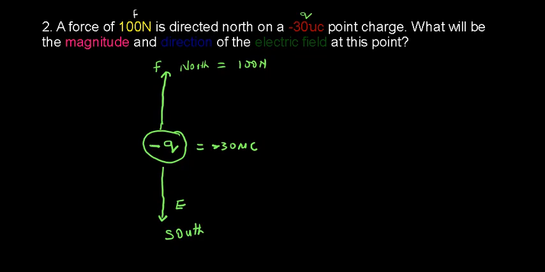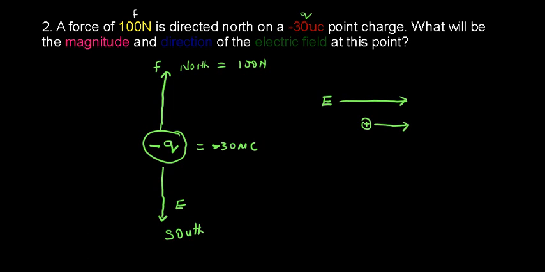So remember, when I said something about electric field and a point charge, I said before that let's assume that we have an electric field moving this way. Then when you bring a positive charge to it, the force is going to move in the same direction as the field.